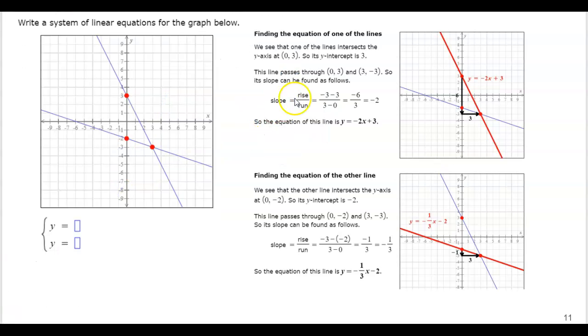Okay, here's a worked out solution for each line. This line would be -2x plus 3. The biggest thing I want to talk about is why it's negative, which is because it's going in that direction. The plus 3 is, here's my b equals 3.